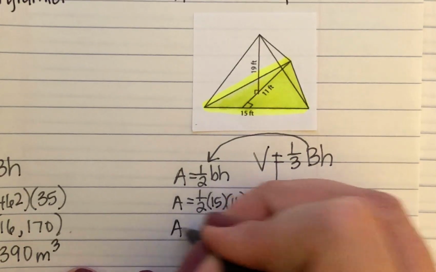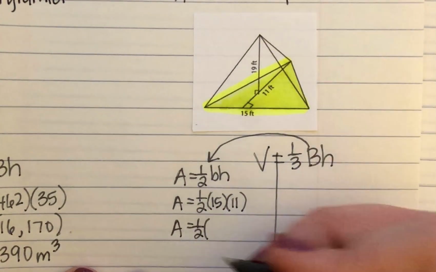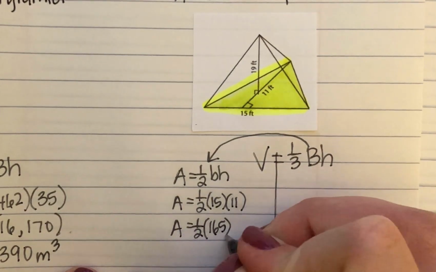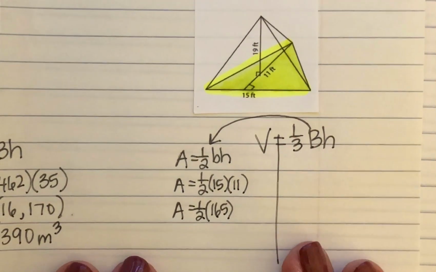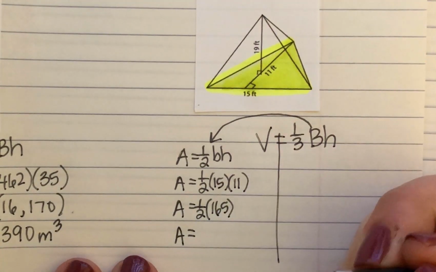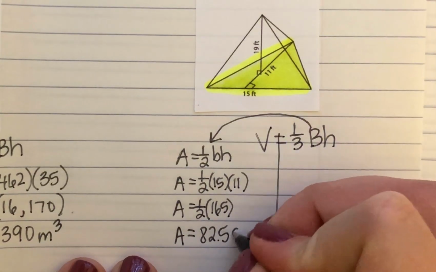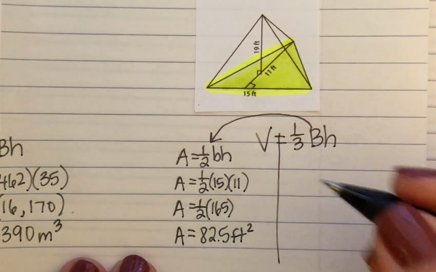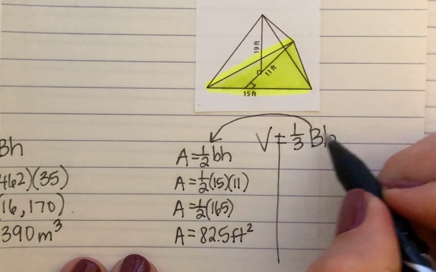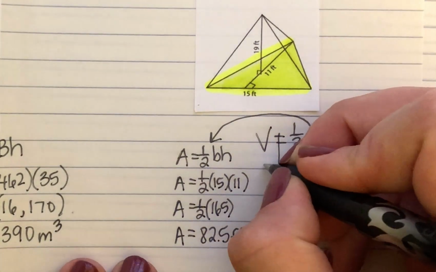It meets this base at a right angle. Okay, all right, so let's go ahead and do some multiplication. 15 times 11 is 165. And then to find half of 165, I would divide that by 2, and that's gonna be 82.5, and this is feet squared. So again, that 82.5 is our capital B. That's our area of the base.